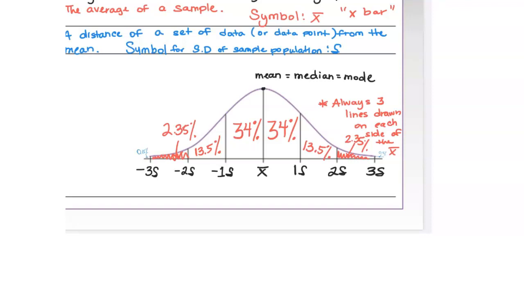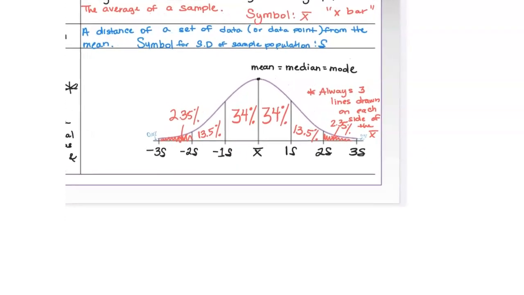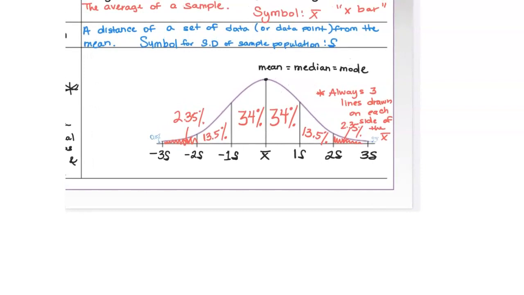Now, we can think about this in a little bit of a different way as well. And this is also what I'd like for you to take note of. In the middle of our normal distribution curve, this together represents 68% of our data. Well, how'd you get 68, Ms. Collins? 34 plus 34 is 68.